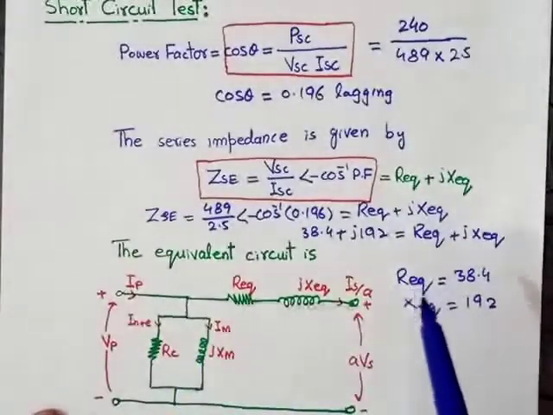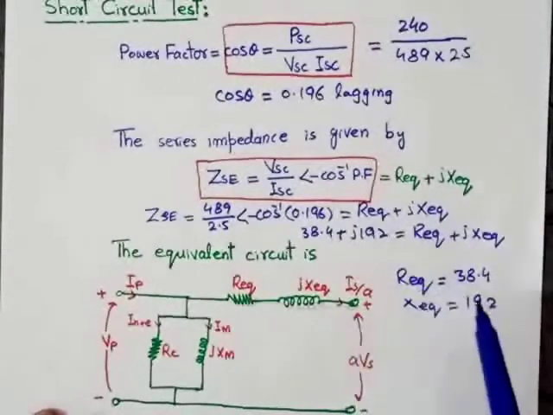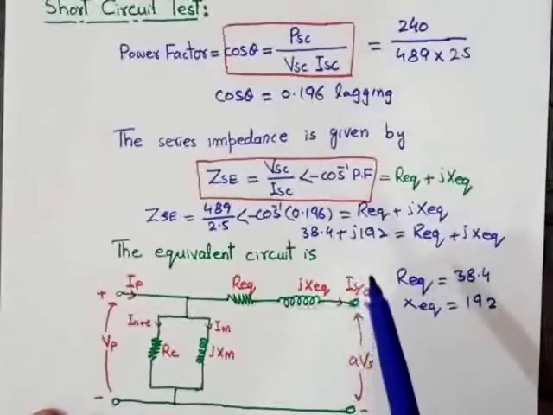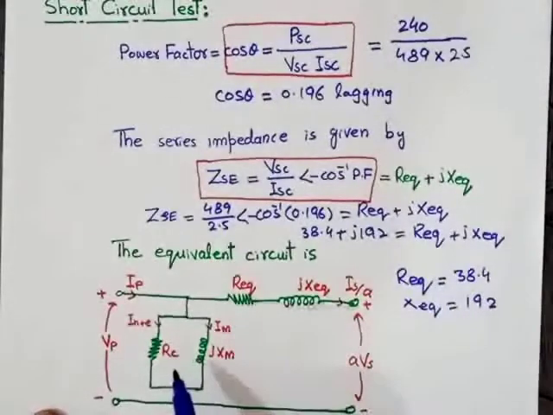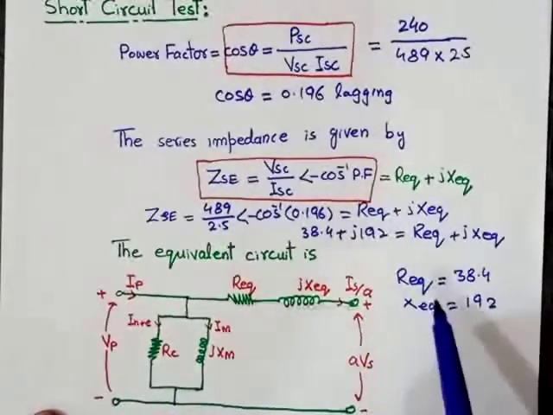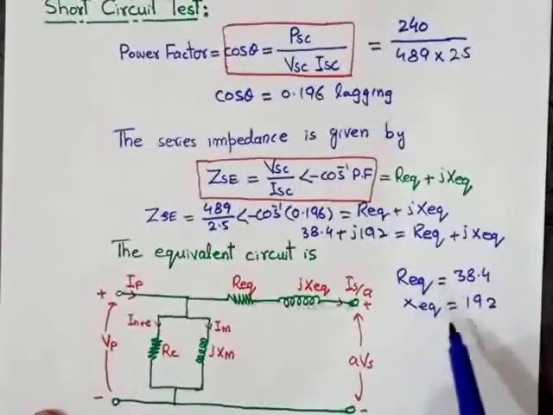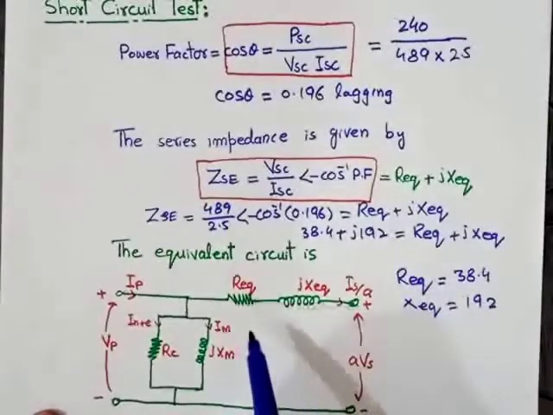And we perform the open circuit test on the low voltage side of the transformer. In the given case, the low voltage side was the secondary side. It means in open circuit test, we determine the values of RC and XM in the secondary side of the transformer, and we determine the values of R equivalent and X equivalent in the primary side of the transformer.